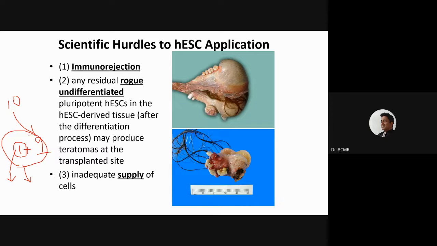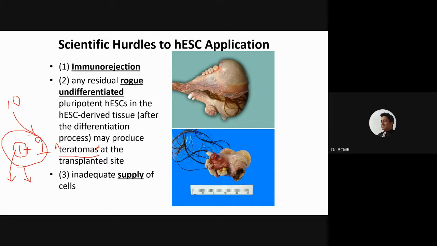It can grow into an embryoid-like body within the human body, if it is transplanted into the human body, and that is called a teratoma. It's a tumor of cells containing tissues from all the primordial germ layers.